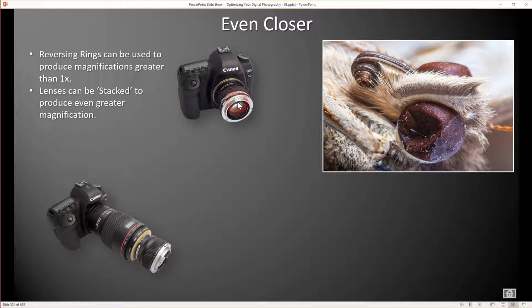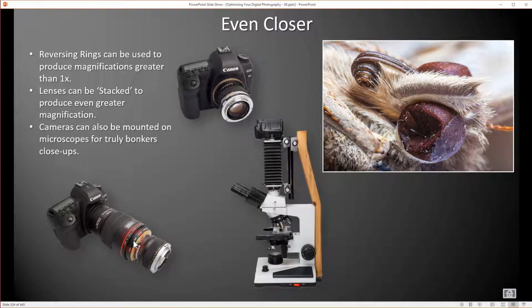You can also get some specialist equipment which will connect the electronic functions of your lens to the camera in this situation. You can actually stack lenses. In this case we've got a 100mm lens with a reversing ring and a 50mm reversed. You can use wide angles reversed, screwed on there, and it gives you a compound microscope effect. And again, it's quite cheap to do this.